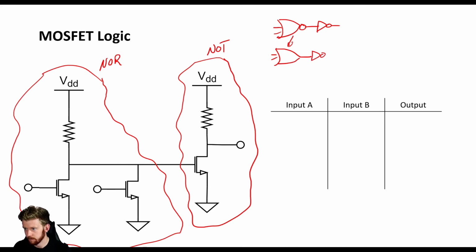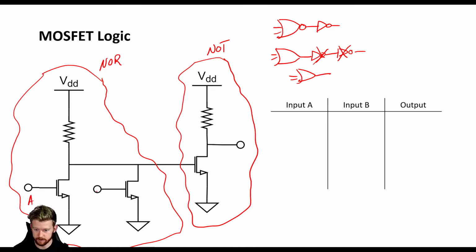So this has become these two there. And then this is followed by a second inverter. And if you have two inversions right after each other, those cancel out. We know that this is going to end up being an OR gate.